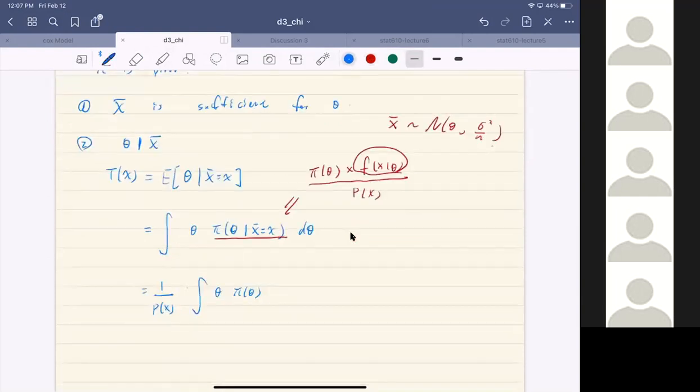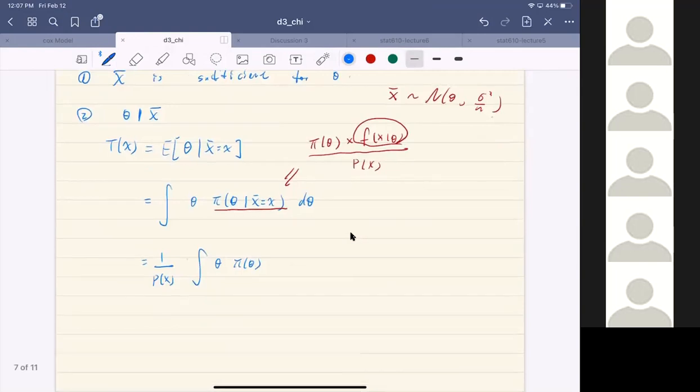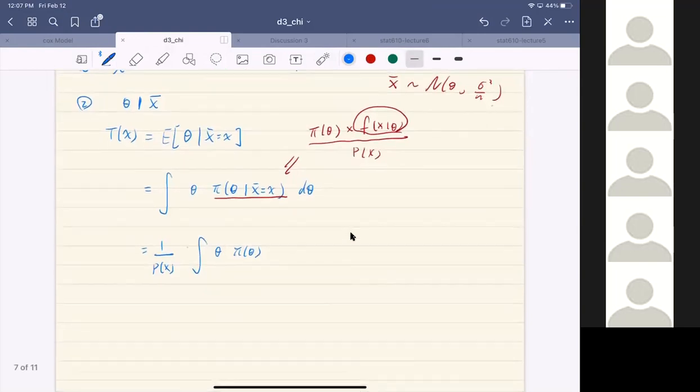So the density is equal to 1 over square root of 2 pi sigma square over n, times exponential of negative n over 2 sigma square times x minus theta square, d theta.